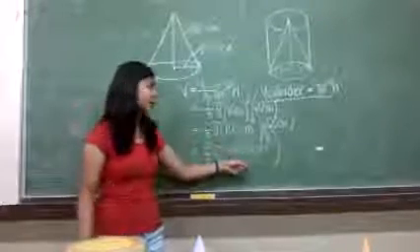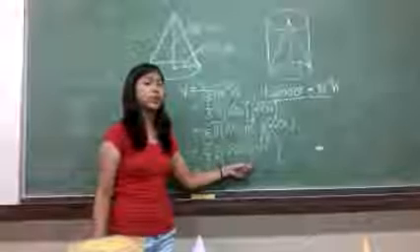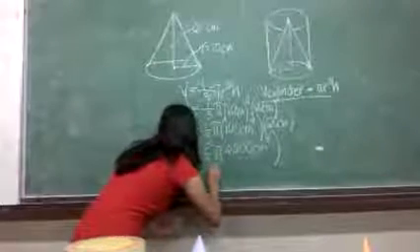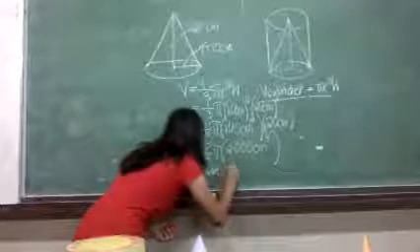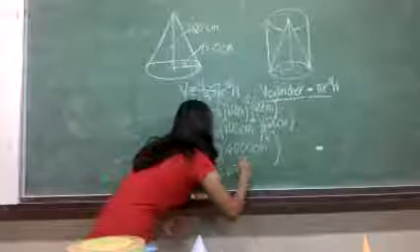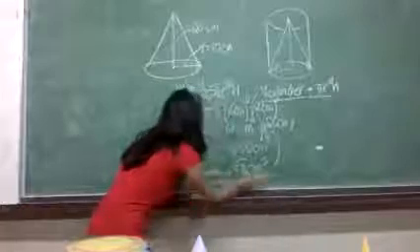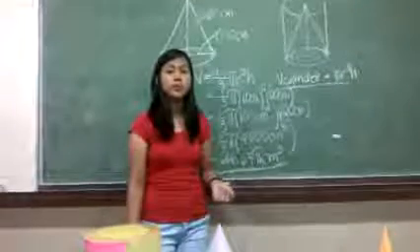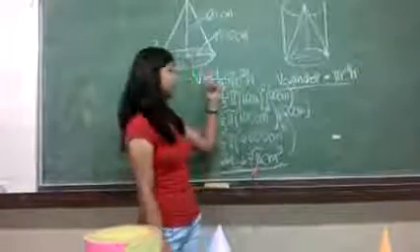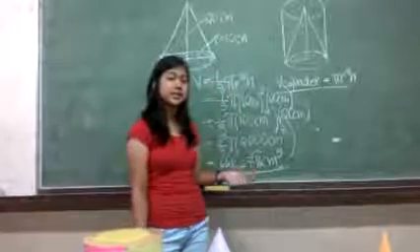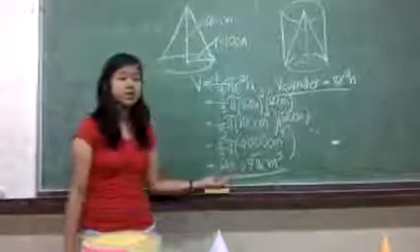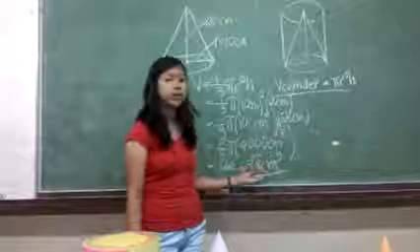Times pi, divided by 3, is equal to 666.67 pi centimeter cube. Therefore, the volume of the cone with the height of 20 centimeter and a radius of 10 centimeter is equal to 666.67 pi centimeter cube.